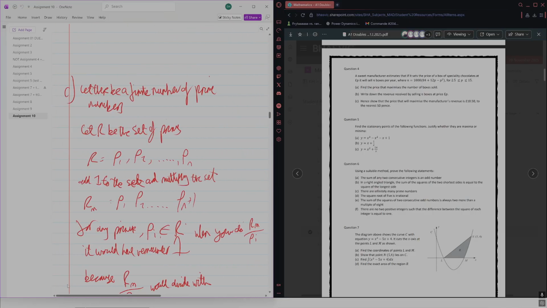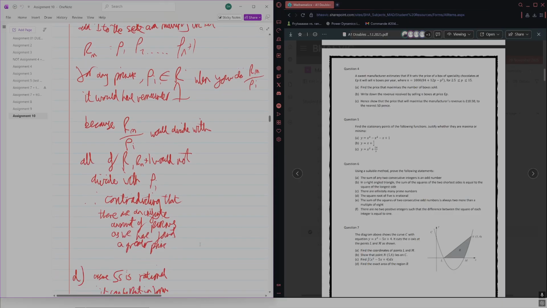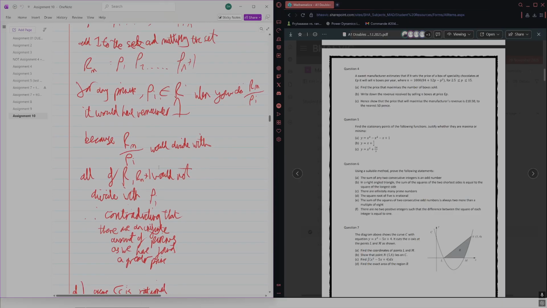All right, next question. This is the prime number one that you need to remember. You just let R be a set of primes, add 1 to it, and you just say that if you were to multiply all of them together plus 1, then it would divide, where therefore all of the other ones wouldn't be primes, which doesn't make any sense.